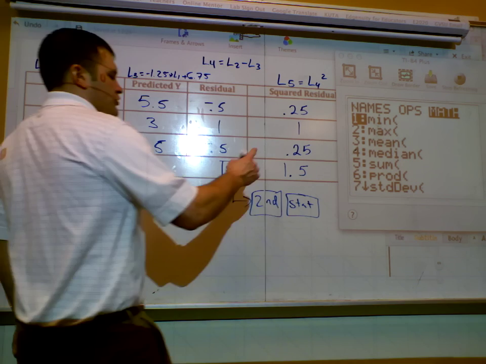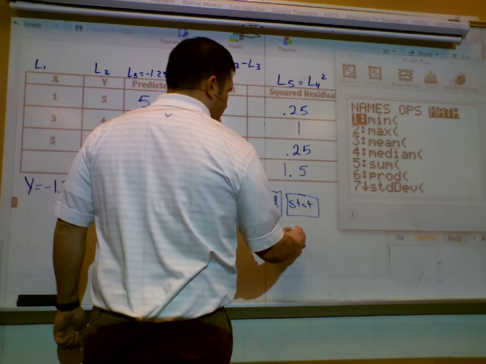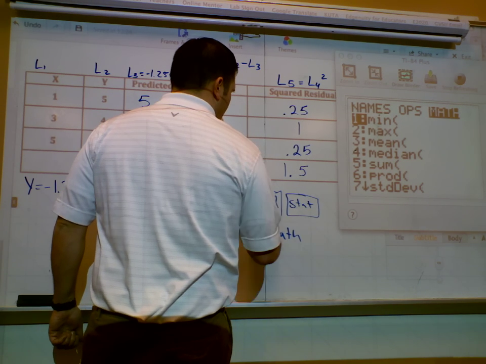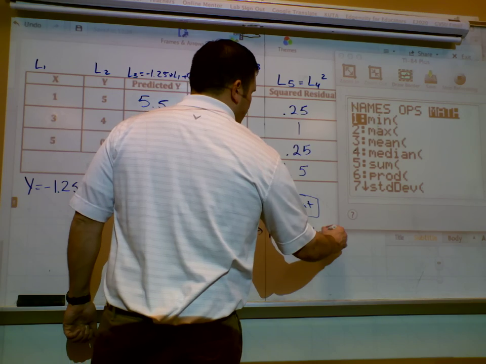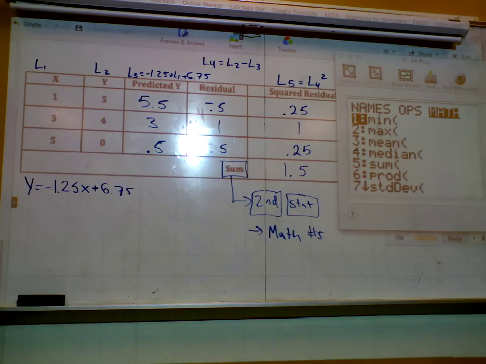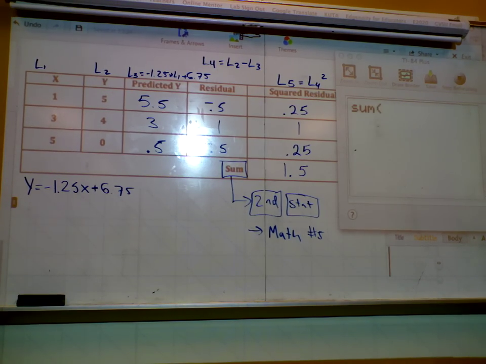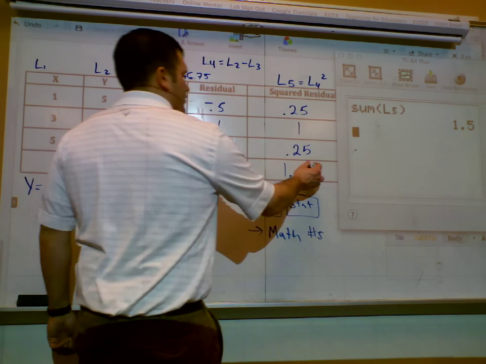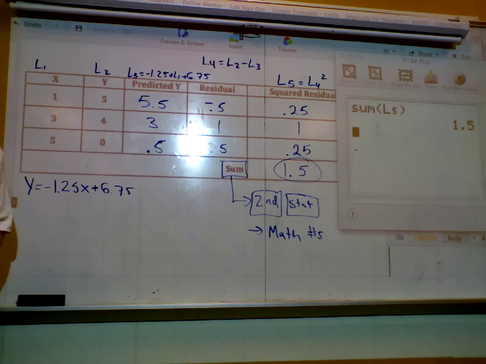Which one's sum? 5. So hit the right arrow to math, then pick number 5. You'll get sum on your screen. Which list do we want to add up? 1, 2, 3, 4, or 5? 5. So then you hit second 5, and then we hit enter. Does that make sense?